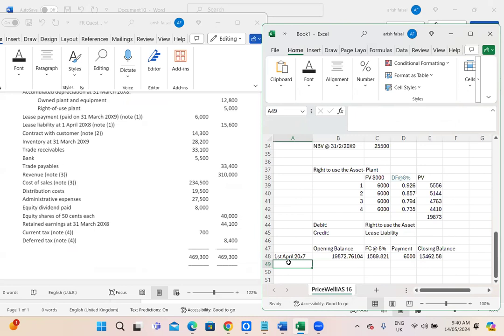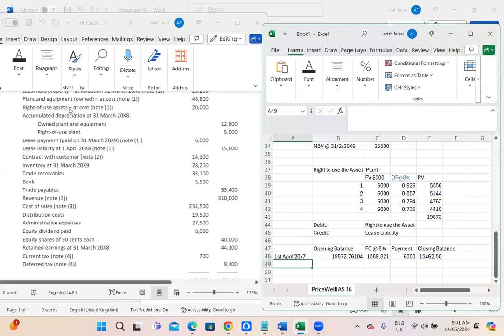And you can also see that the right of use asset at cost is 20. So instead of 19,873, they took 20,000. These are what they have rounded up, but you can see the actual answers over here.